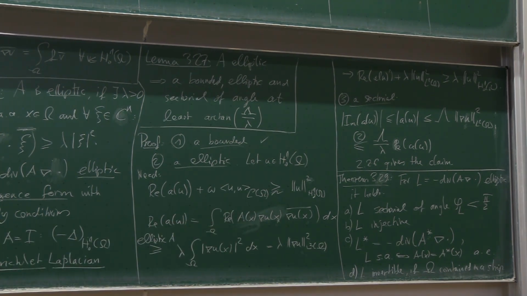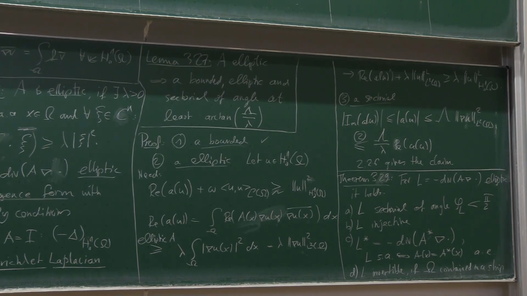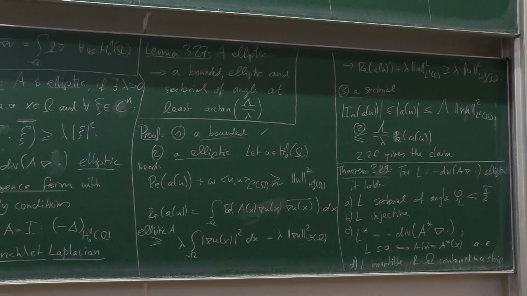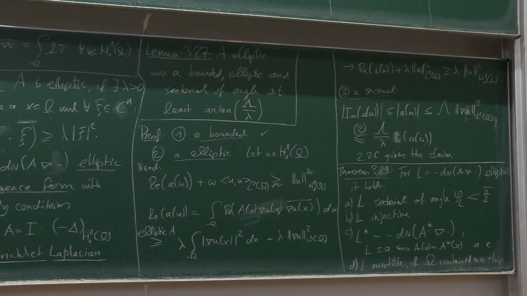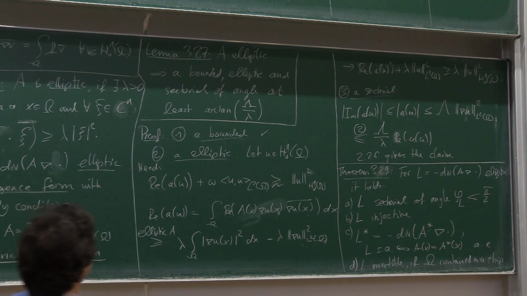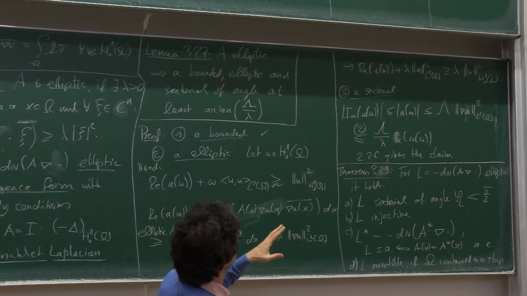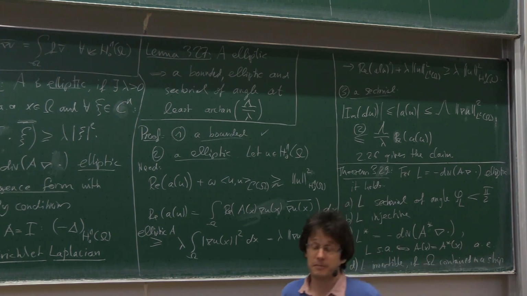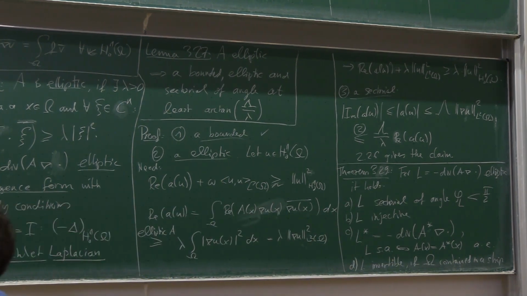Okay, so now we have our main actor for the next remaining 11 weeks of Internet Seminar: these operators. So these operators L in divergence form for various choices of matrices A. And what we achieved now is that we have a clear definition of these operators, and we already know many of their features.